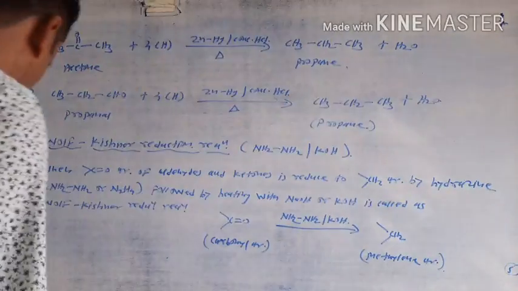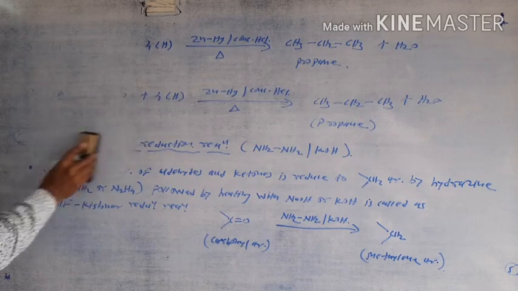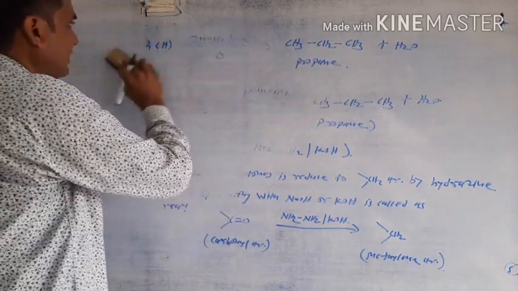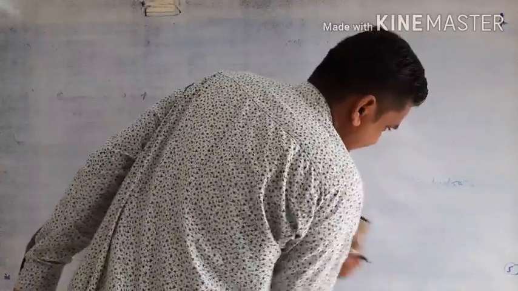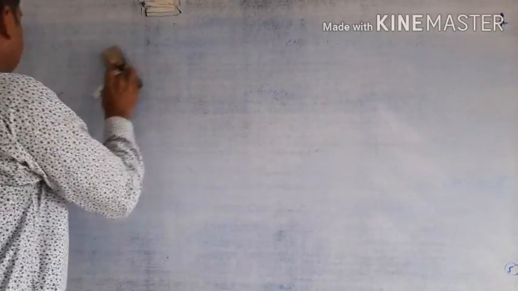Particular example of this reaction is, suppose that propanal, two-step reactions of the Wolff-Kishner reduction reaction.